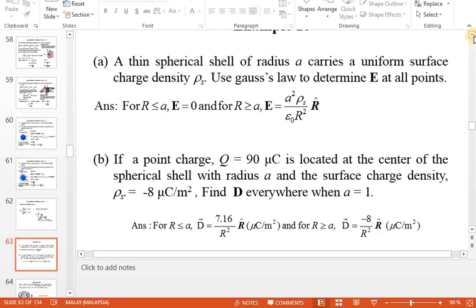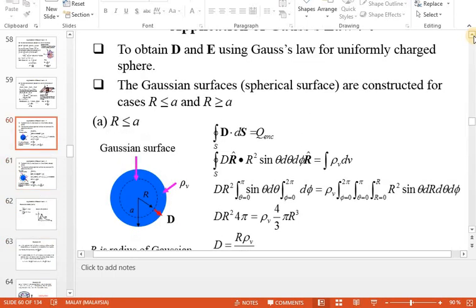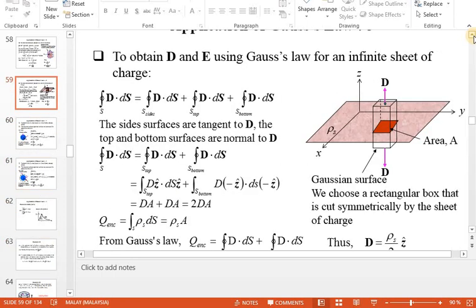Based on the structure given here, have you tried to derive this kind of structure in the previous slide? No, right? So any formula you can use directly? No. For the surface, what we tried is this one, but this is not a spherical shell. So what do you have to do? You have to re-derive.